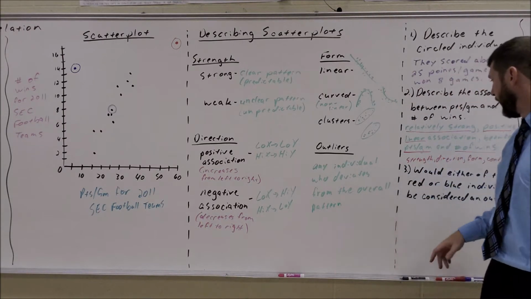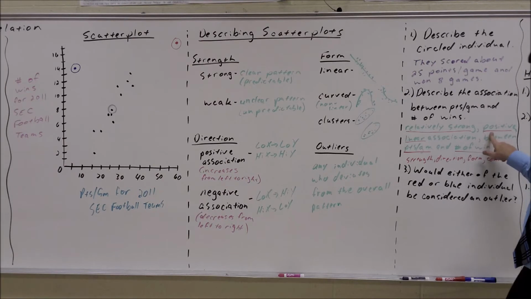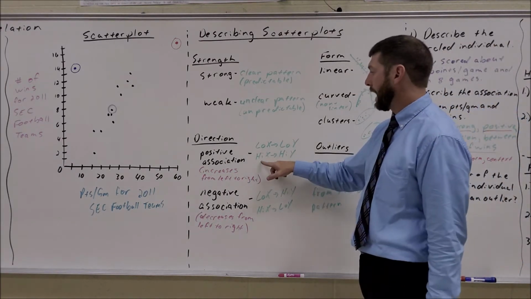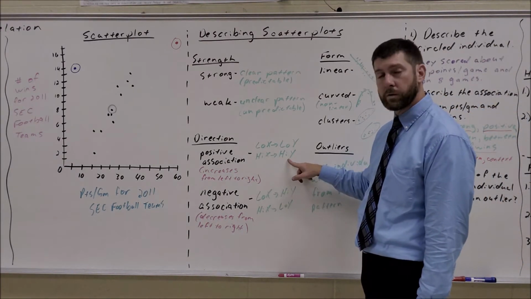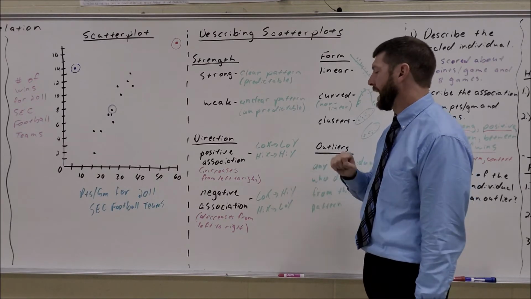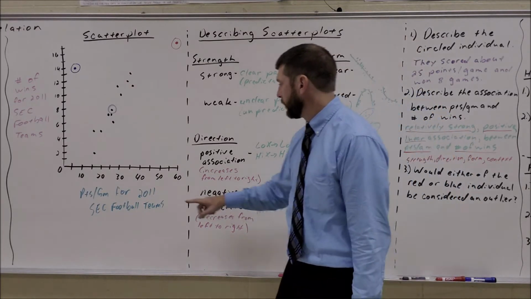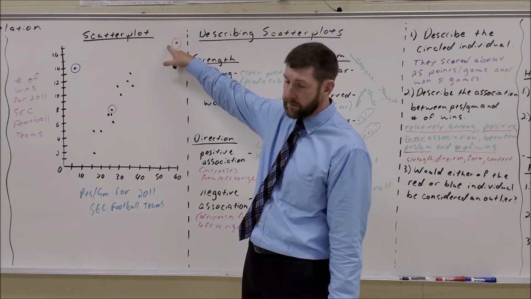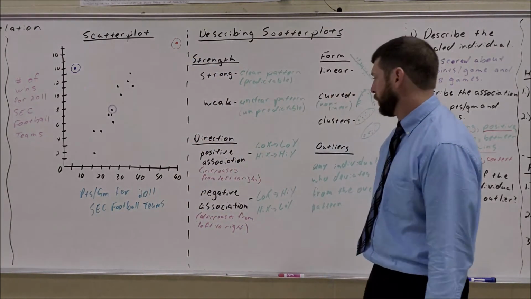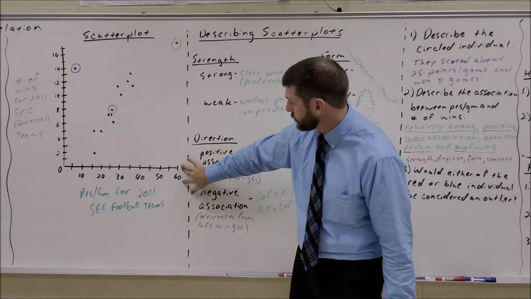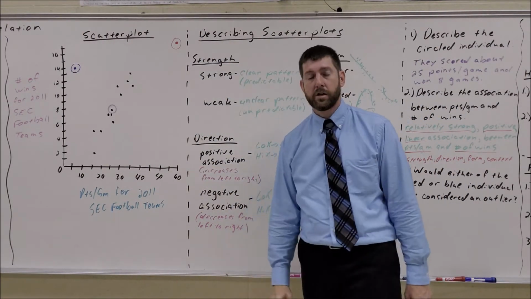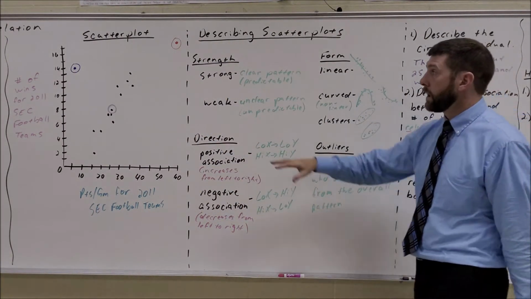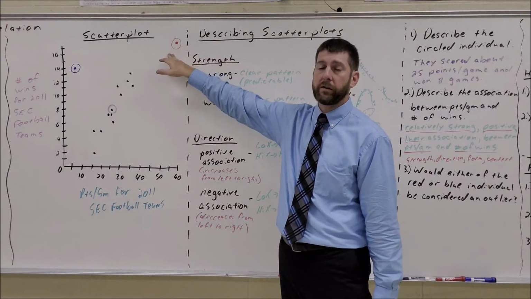Well, what is our pattern? Our pattern was that it's a positive association. That means a high explanatory value should correspond to a high Y value. This team over here scored almost 60 points per game, and they're up here at 17 wins. So you have a high explanatory and a high response. That still follows the overall pattern. Now, they are an extreme value.